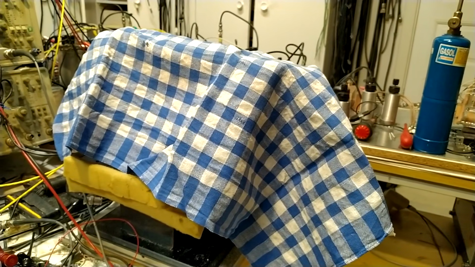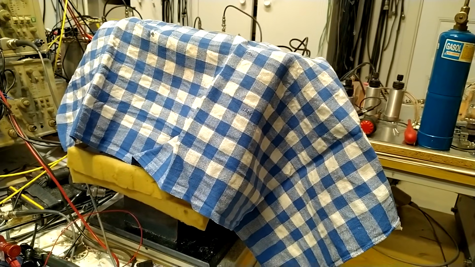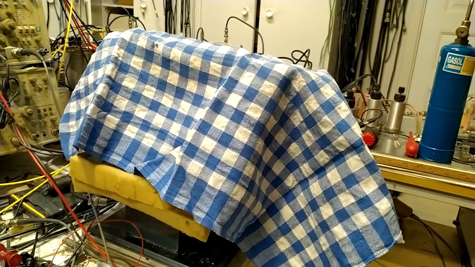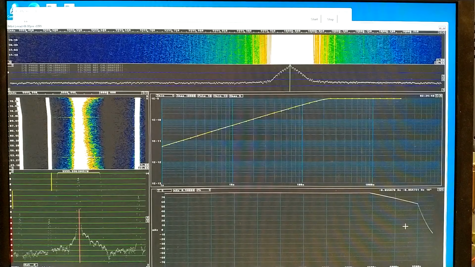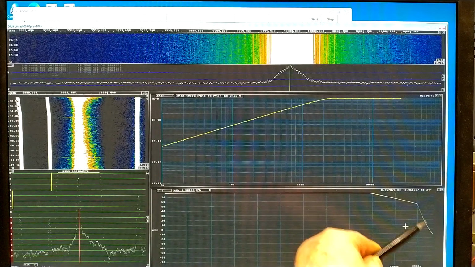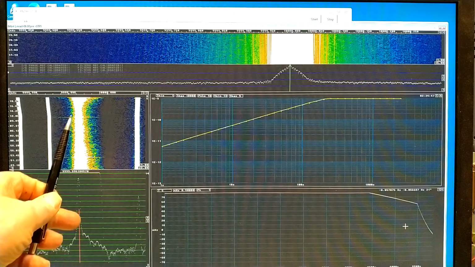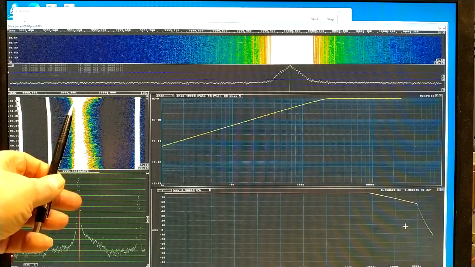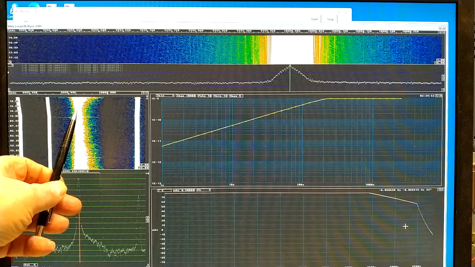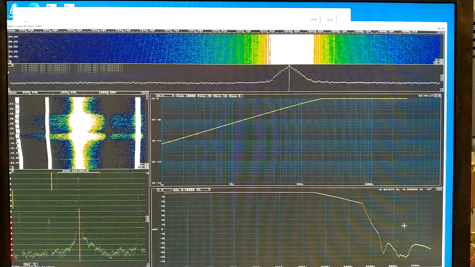Now I go the other way around and decrease air circulation around the box. I have not changed the position of the box. Now, when the temperature is rising and the frequency is going down here, I can see the noise increases also. It seems that a change of temperature causes noise.